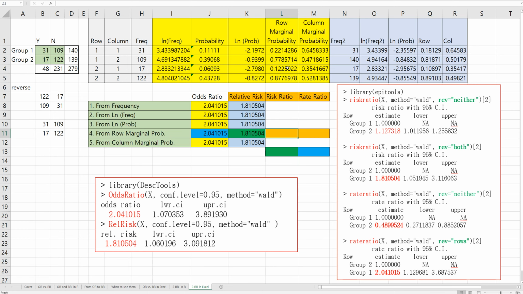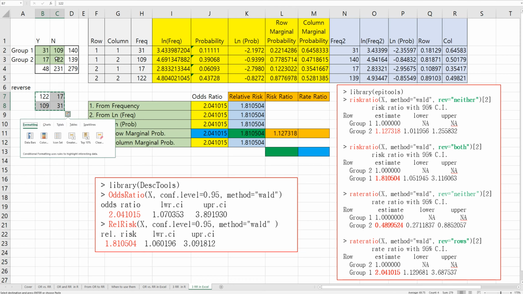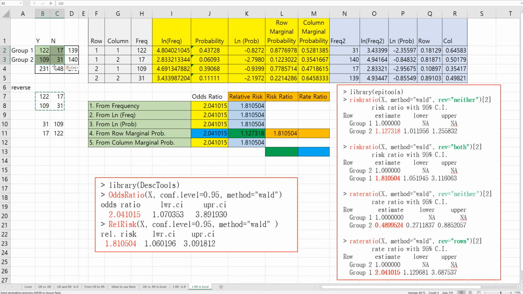Risk ratio can be calculated by this formula: first row over second row, right? So this is the same as our output. And if you consider this reverse function, because this is the reverse option as both, then let's change this contingency table.